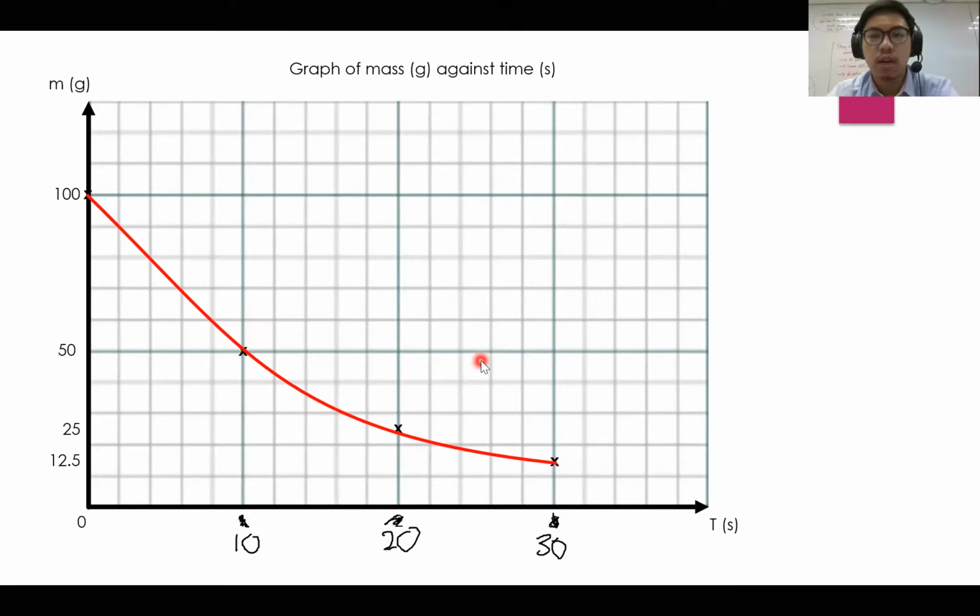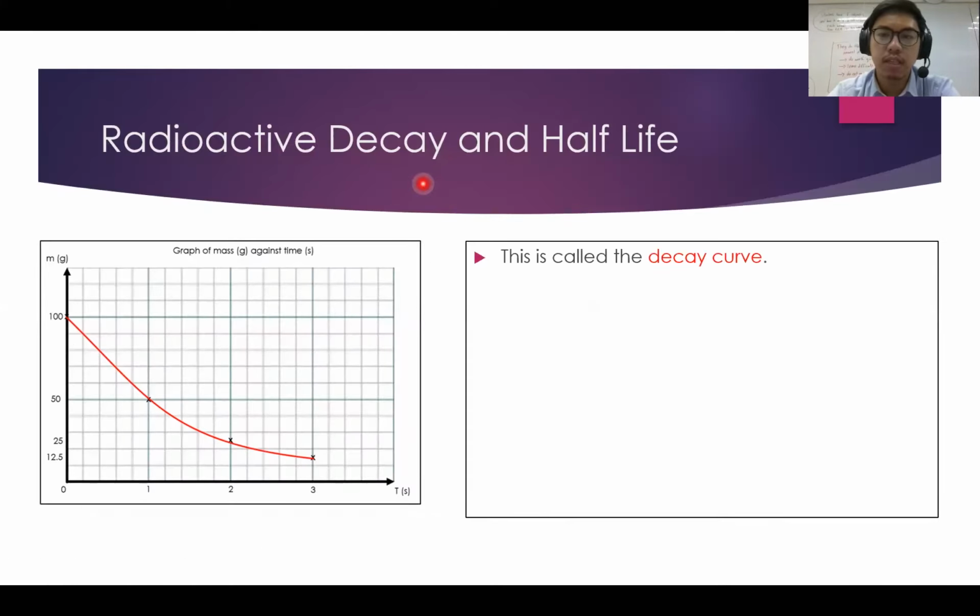This is how a radioactive substance decays. It doesn't decay as straightforwardly as you would think. It decays in this sort of trend. This type of curve is called the decay curve because it shows how the radioactive substance decays.